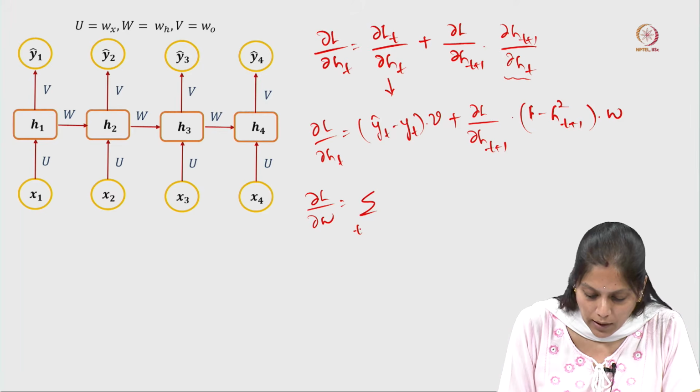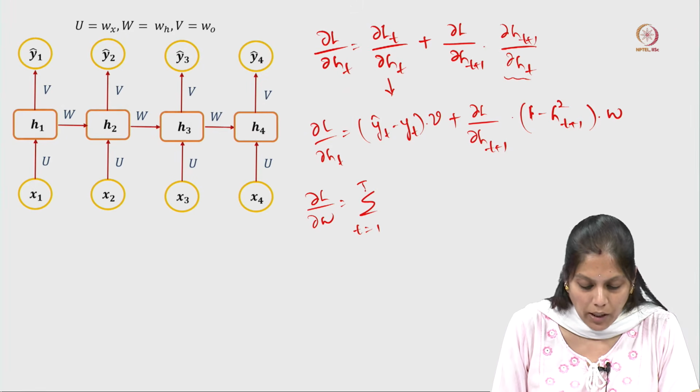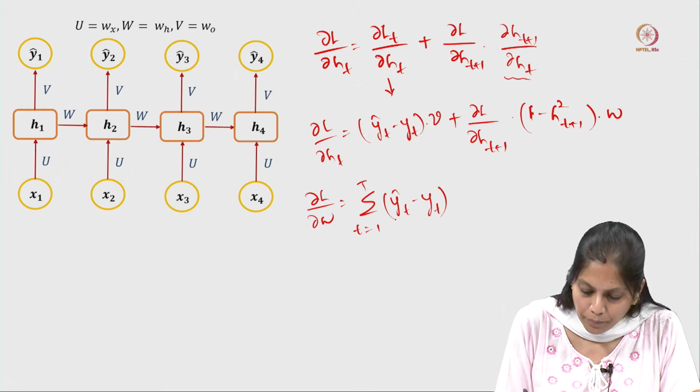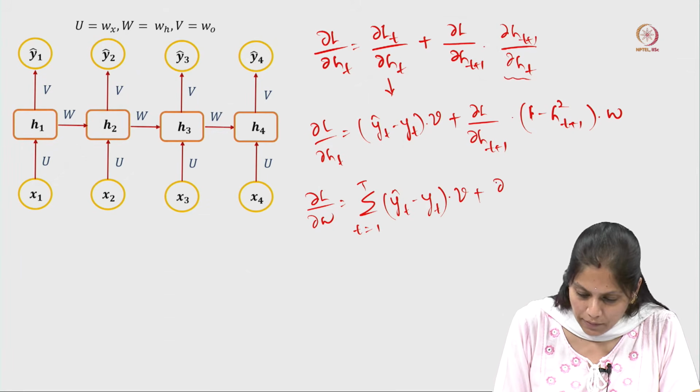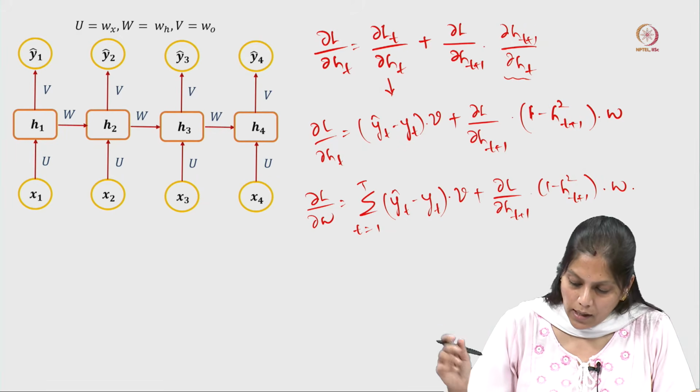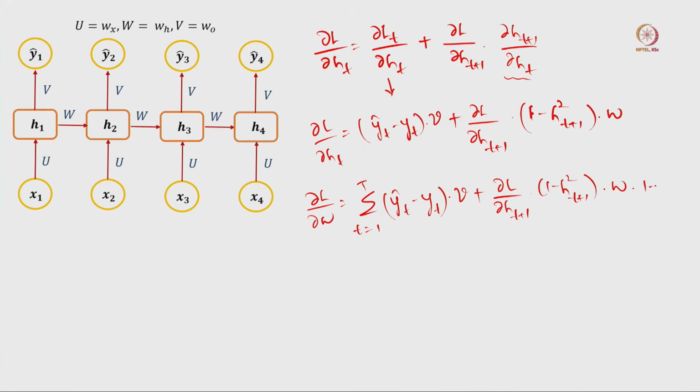For all the terms, t equal to 1 to capital T, (yt hat minus yt) multiplied with V, plus the derivative of loss with respect to h t plus 1, times (1 minus h t plus 1 square) multiplied with W, and the last two terms. What are those two terms? If you have solved along with me, you will have these equations in your book. So, this is the overall derivative of loss with respect to W.